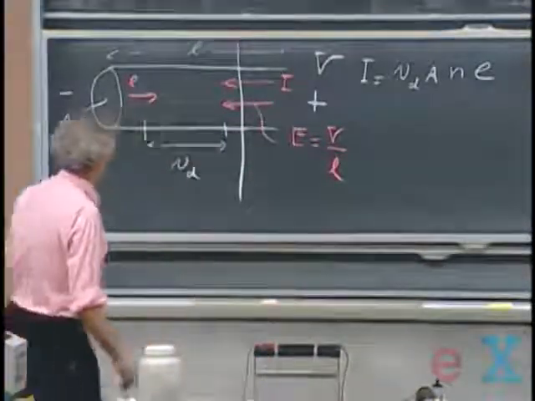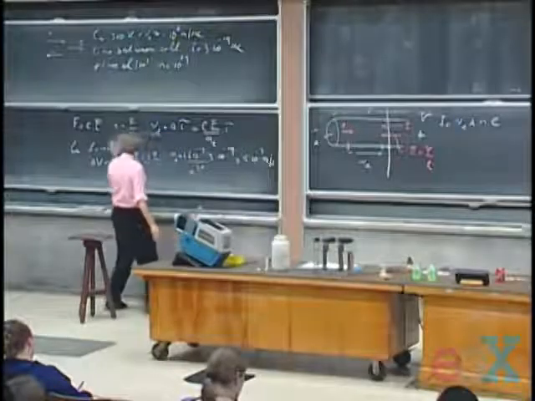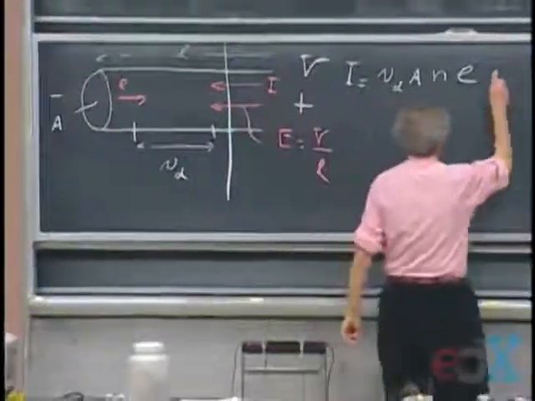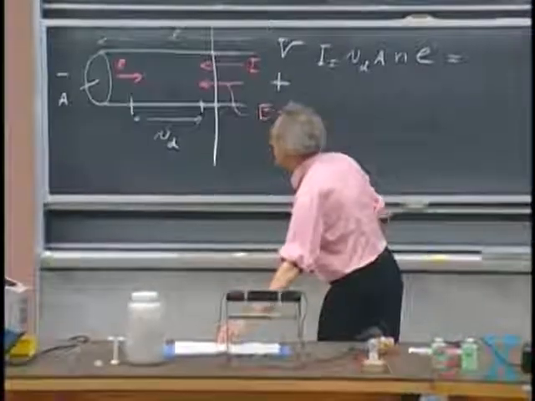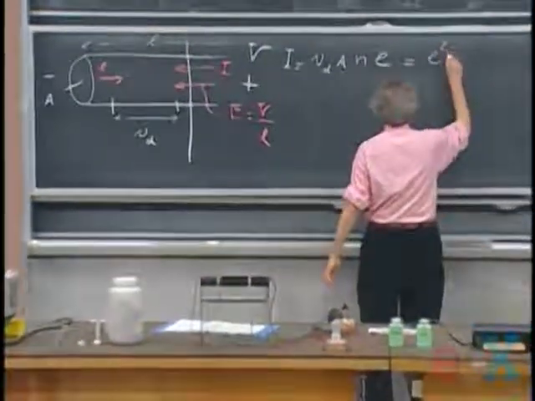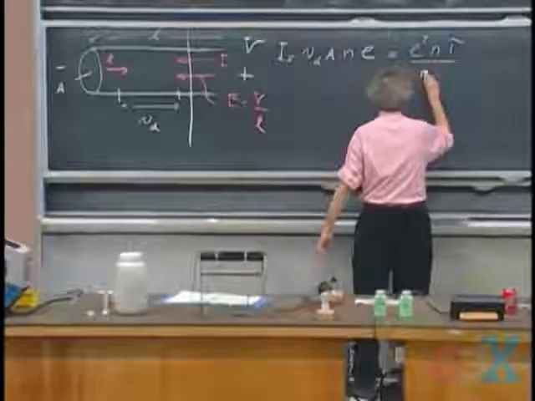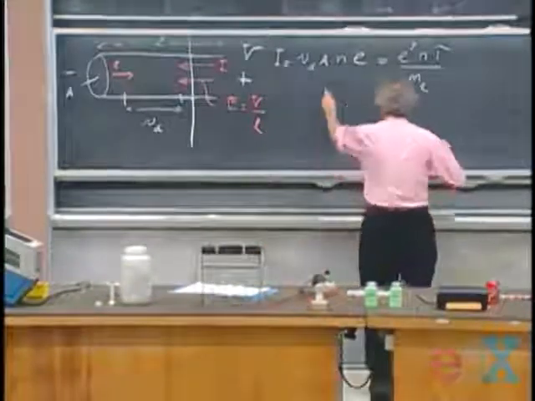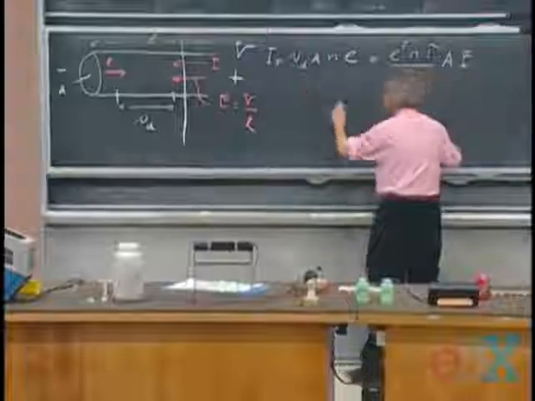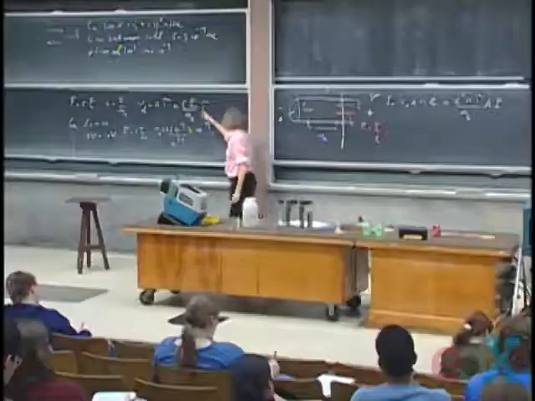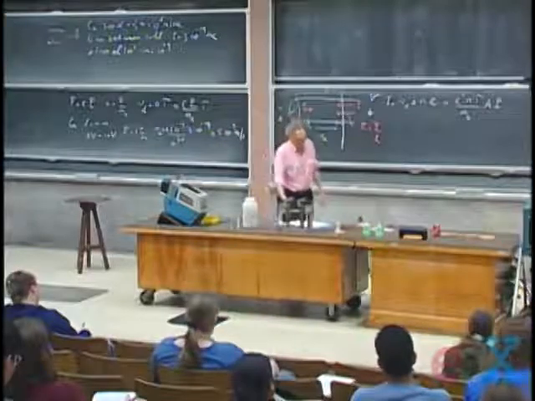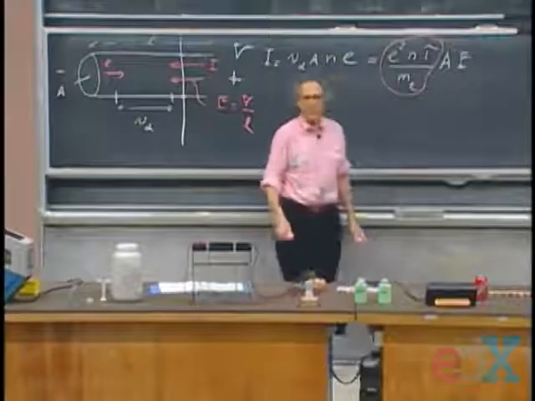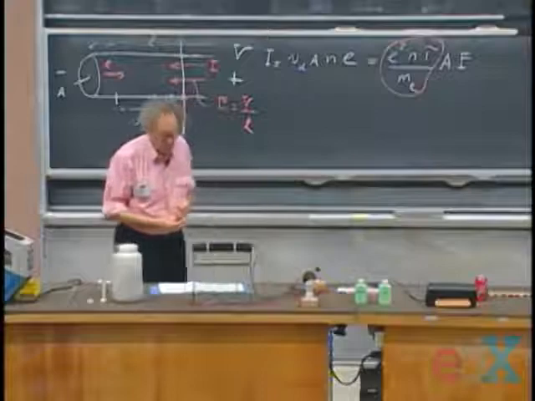If I now substitute the drift velocity, which we have here, then I find that the current is e squared, the charge squared, times N, times tau, divided by the mass of the electron, and then I get A times the electric field E, because I have here this electric field E. When you look at this, that really depends only on the properties of my substance for a given temperature.